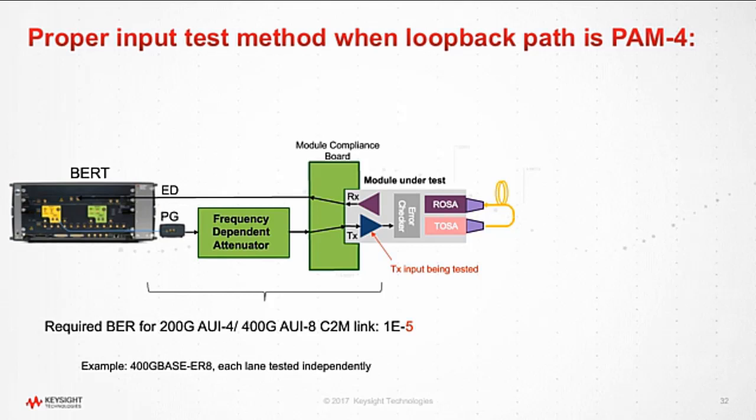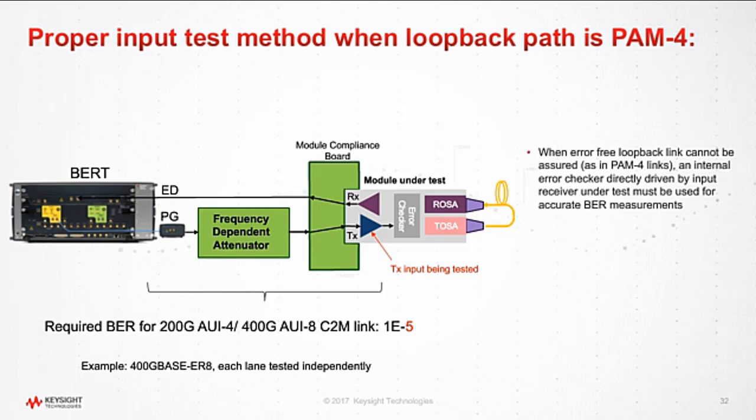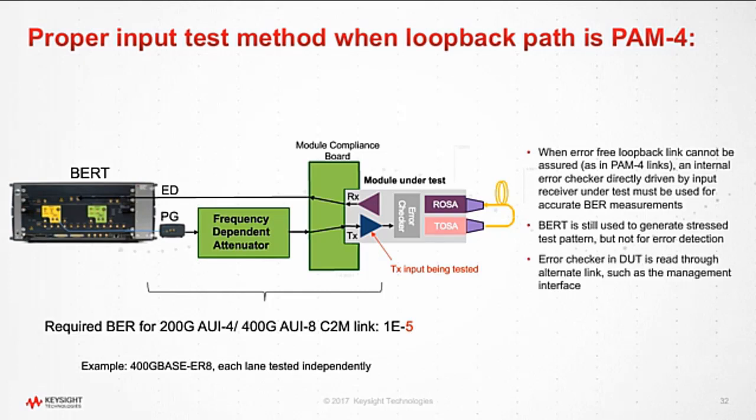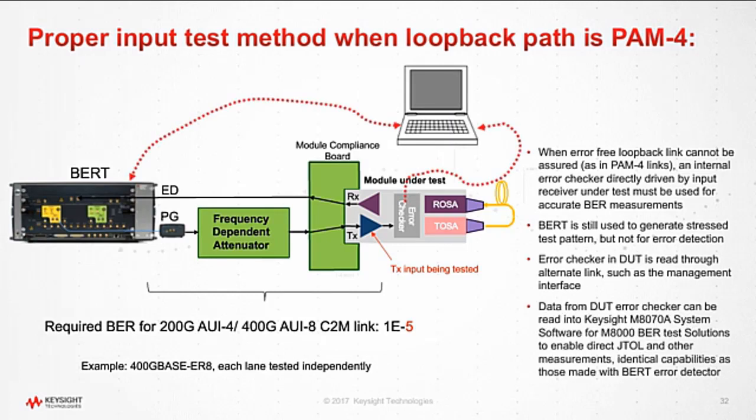So now, again, our required measurement is 1e-5, but we're not using the loopback path. We're using the management interface in the module. So the BERT is being used as a pattern generator, but the error detector is not being used in the BERT right now. We get the error count from the error counter built into the module itself, and we do that through the management interface.